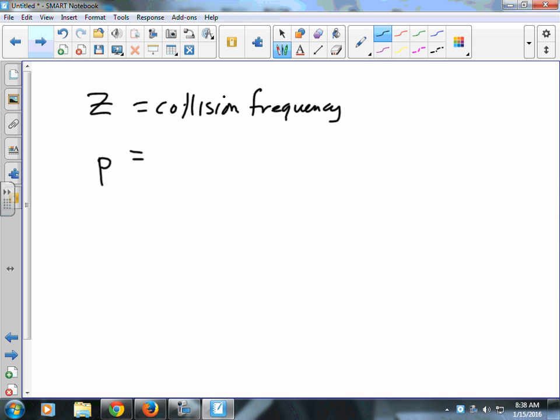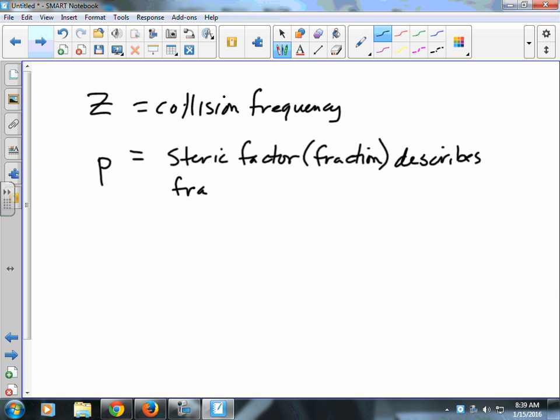It is always a fraction, less than 1, and it describes the fraction of reactants having effective collisions, having effective orientations.